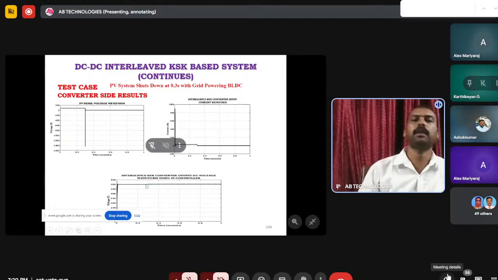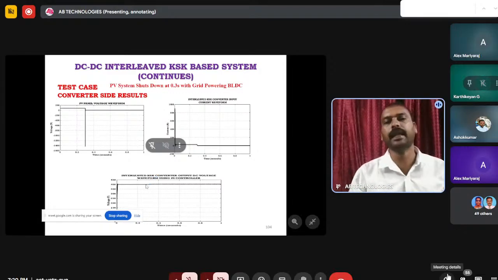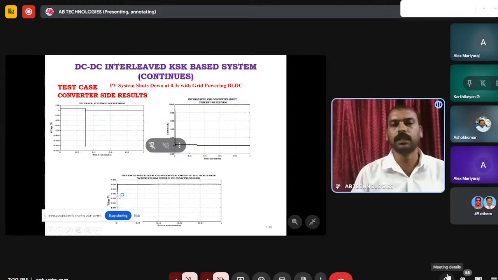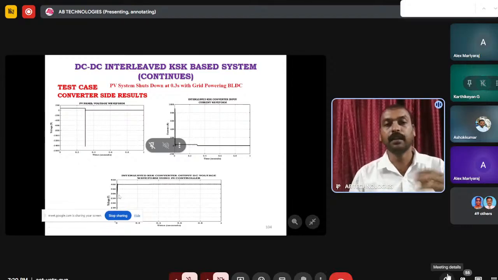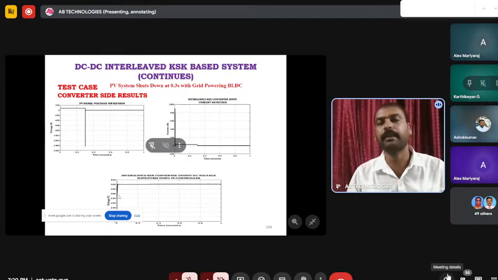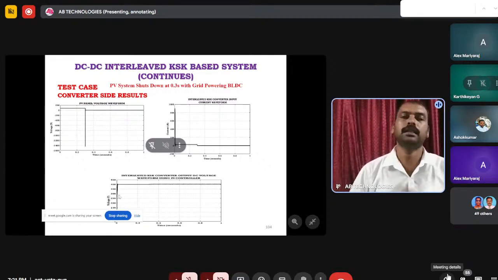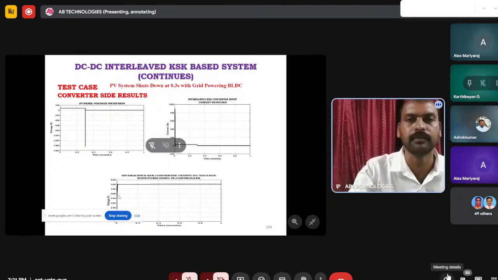Some of them will ask, if you remove the battery, how is it possible to maintain constant DC link voltage? So I have proved it here. If you use a battery converter, it will take some time to change from buck mode into boost mode. But compared to the battery converter, this grid synchronization is very easy.